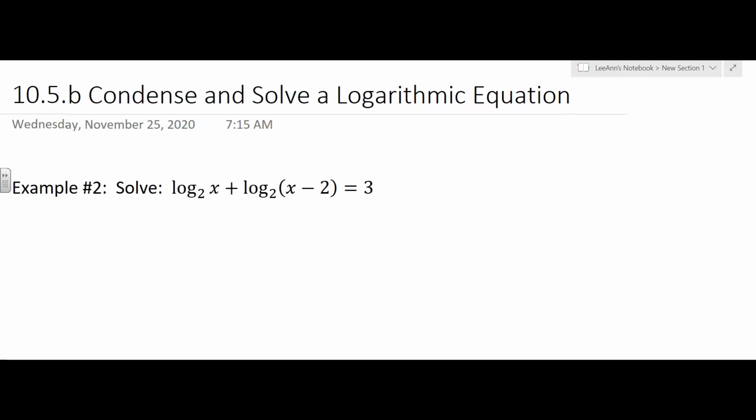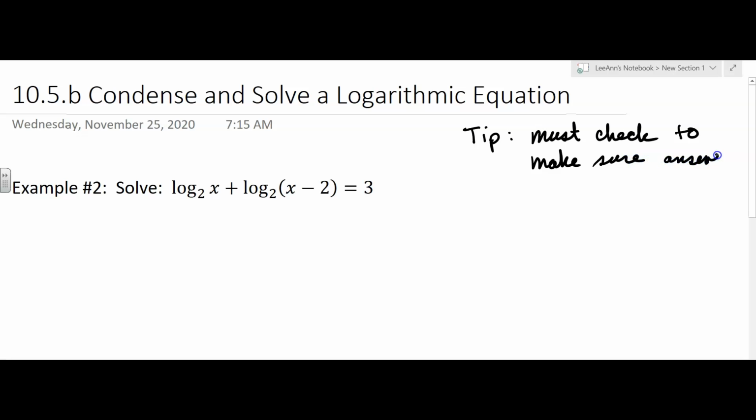Okay, so one tip, when you're solving these logarithmic equations, you must check to make sure your answer does not make any argument negative.